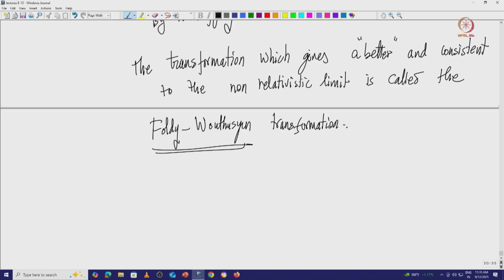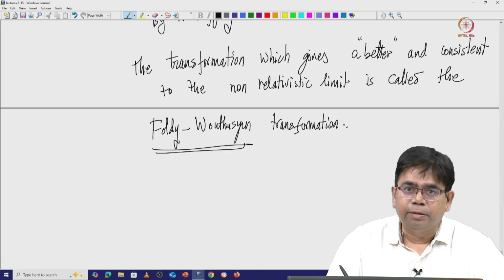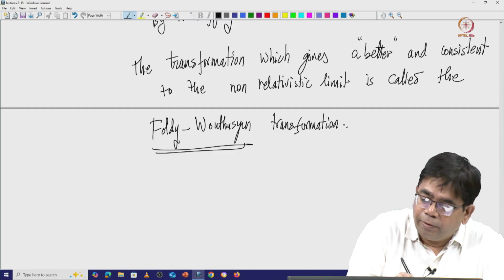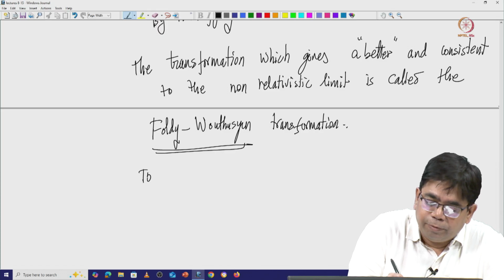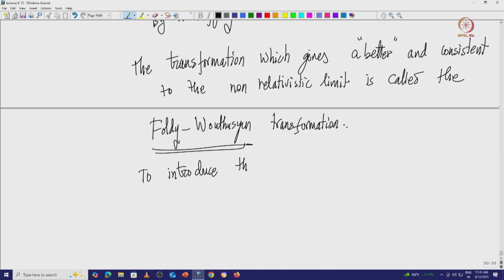Essentially we have to write it in a particular fashion. So let me first write down the Dirac equation in terms of the Dirac matrices, to introduce the Foldy-Wouthuysen transformation.